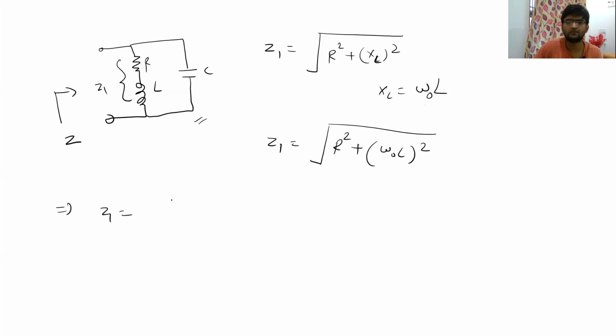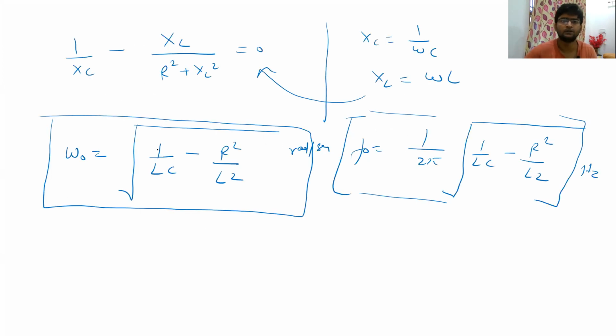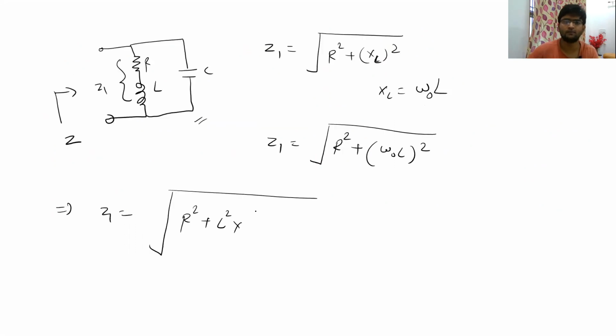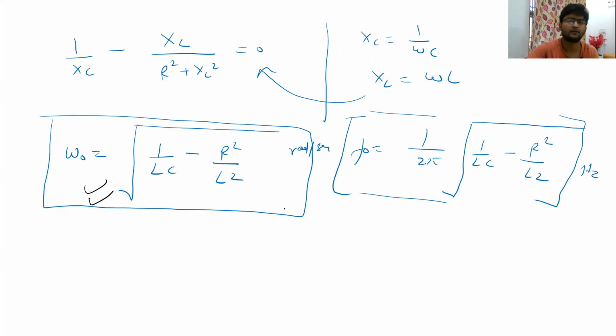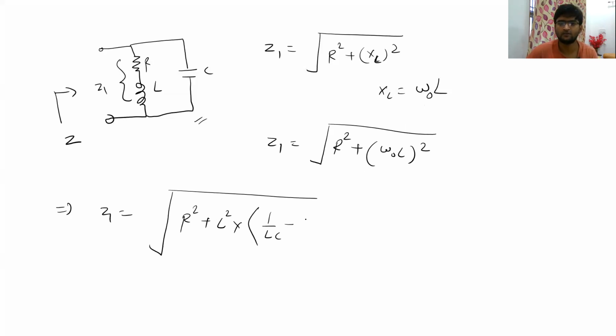So Z1 is going to be equal to R square plus L square multiplied by the value of omega naught squared, which is 1 upon LC minus R square upon L square.